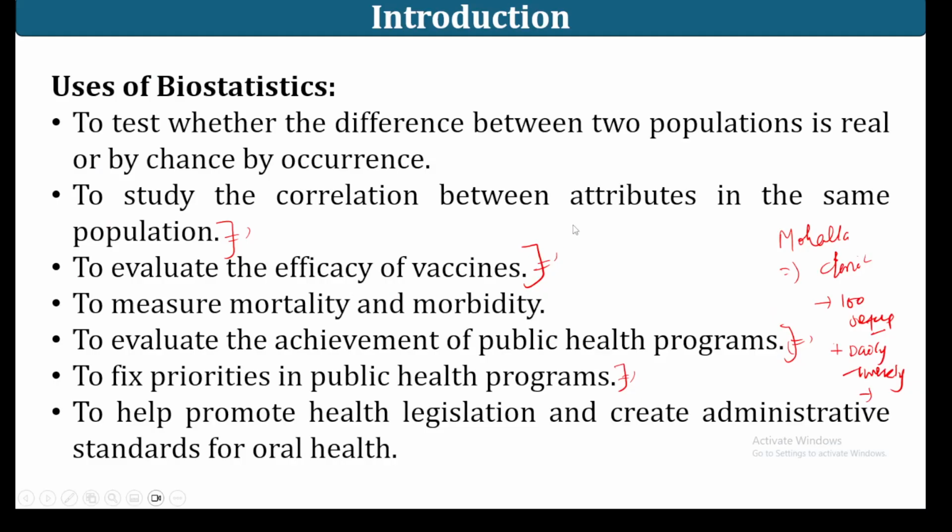To fix the priority in the public health program, let's say in any district, we have one general hospital (GH) and some private hospitals, and then we have some mohalla clinics or dispensary setups. If we do not have this small setup, then even a population with mild or light fever will go directly to the GH hospital.